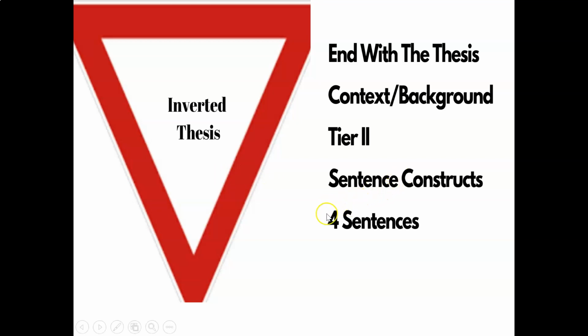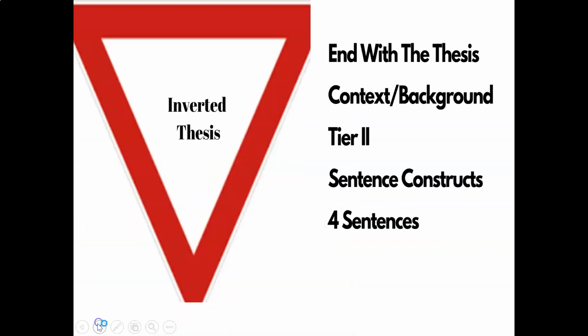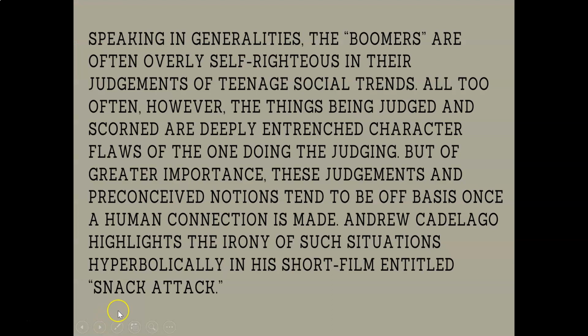And then the big kicker, it's going to be 4 sentences long. No more, no less, 4 sentences. So let's go back 2 slides. 3 sentences, what is the authorial intent? 1 sentence, how does the author construct meaning? So let's see what my students are doing here and see if they're holding any water using this template.